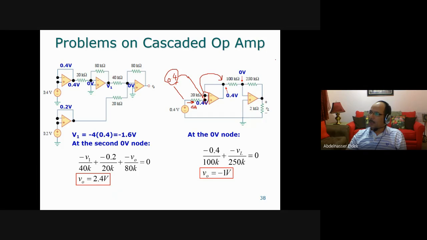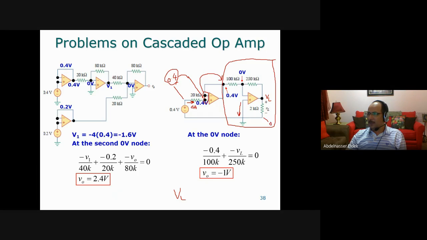Now we can go to the next stage and see if this one is one of the circuits that we know. For example, is it inverting amplifier, non-inverting, and so on. This circuit is an inverting amplifier. Why? Because this input is connected to the ground, and the other one is connected to the input, which is 0.4 volt. Then you can simply say that this output, which is called VL, is the voltage across the 2K, so in this case this is 0.